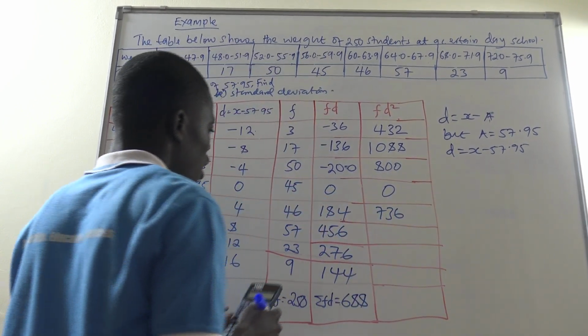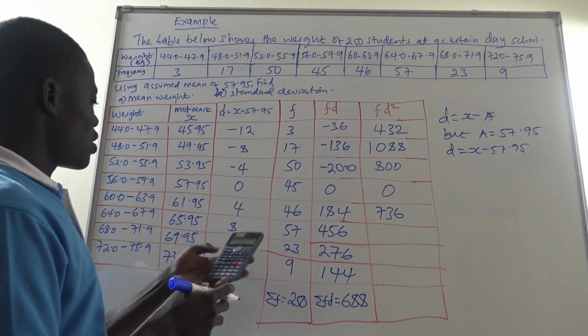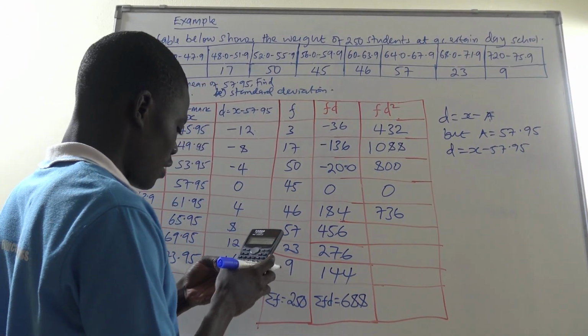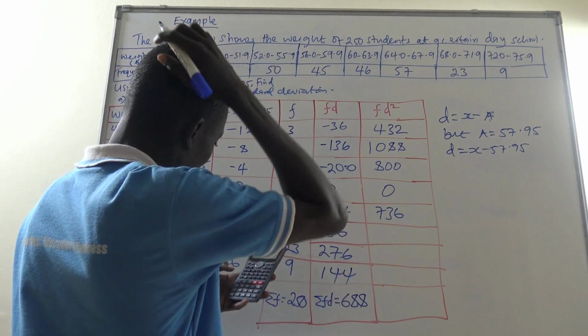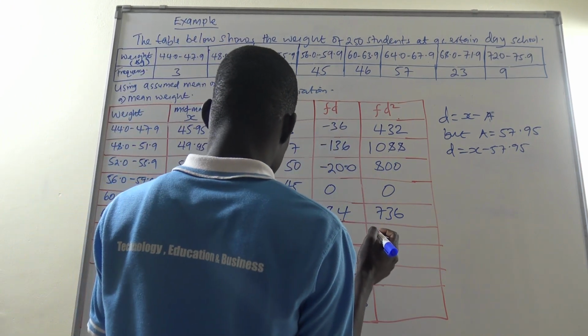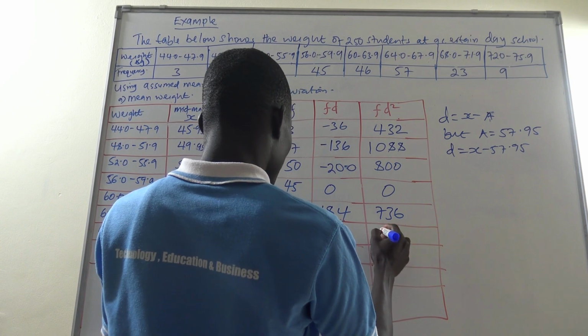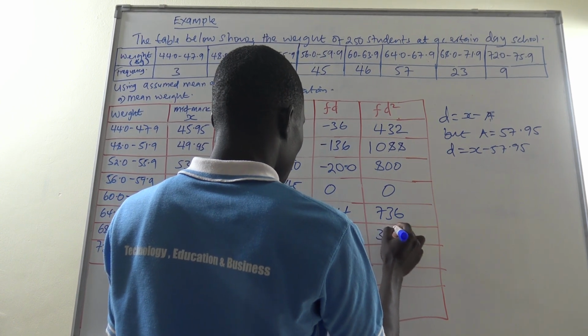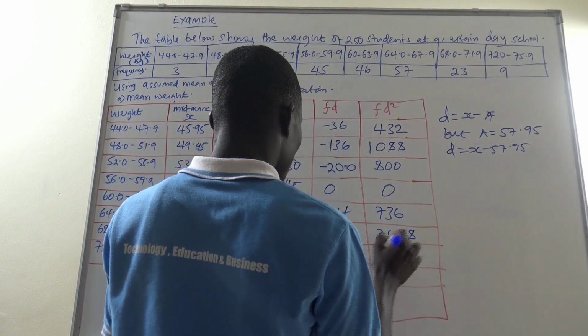736. Then after getting 736, we have 8 squared times 57. 8 squared times 57, we are getting 3648.